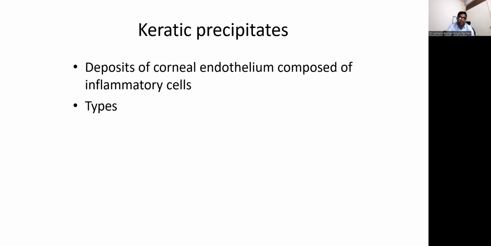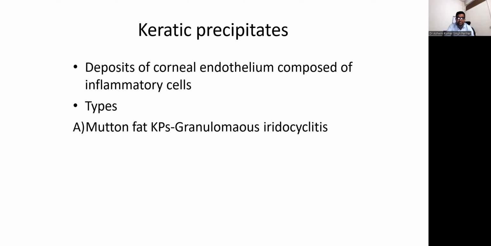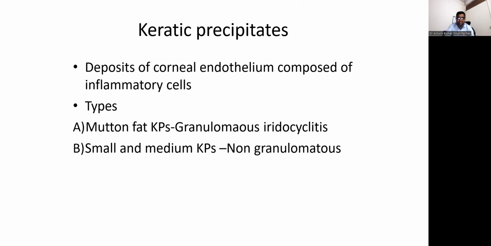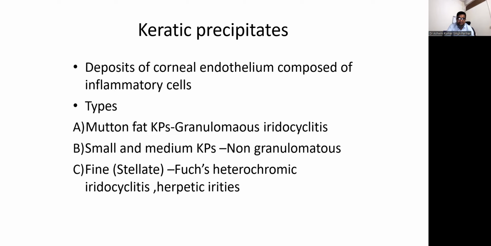Based on their location, type and size, they are further divided into types like mutton fat keratic precipitates. These are large KPs, usually seen in granulomatous reactions or granulomatous iridocyclitis or uveitis. Small and medium sized KPs are usually seen in non-granulomatous conditions.